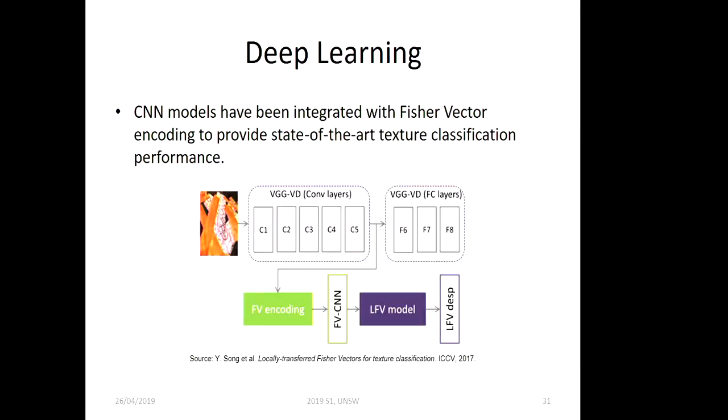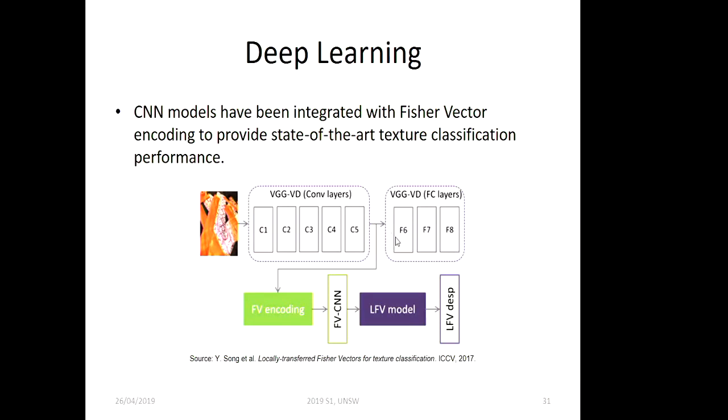Another way, which works the best now, is we can combine feature vector encoding with deep learning. So that means, for example, if you consider a deep learning network, it has multiple layers of convolutional layers, and then some layers of fully connected layers.